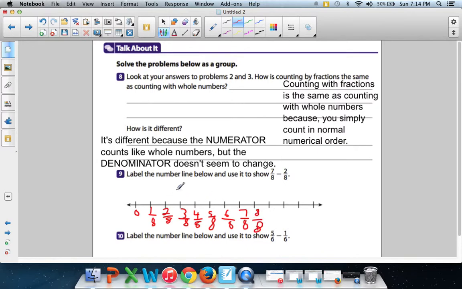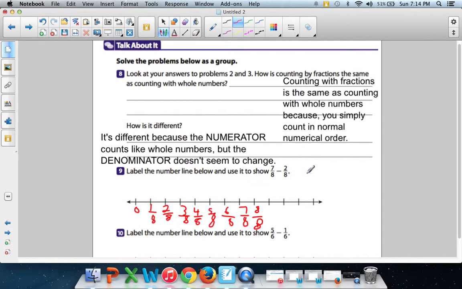So I labeled the number line, and you'll know you're doing it correctly because what you should have is eighths. The denominator is how you want to label your number line.